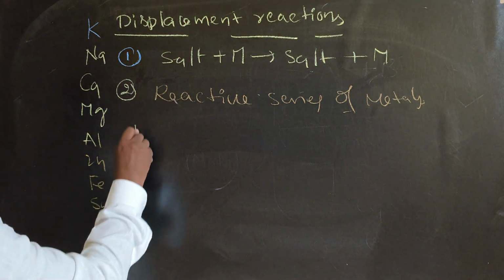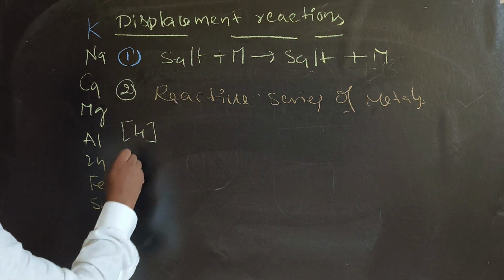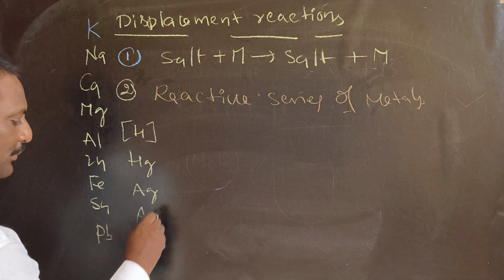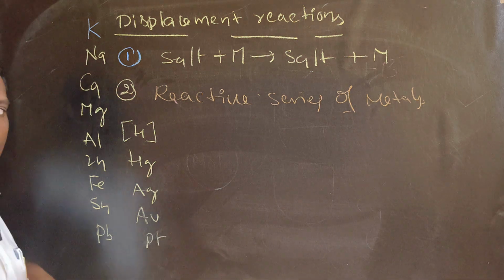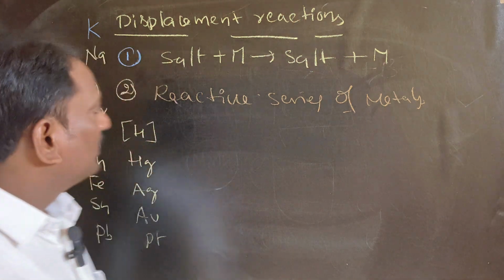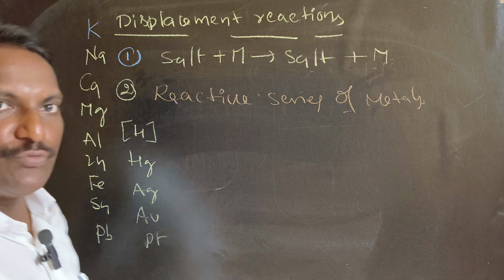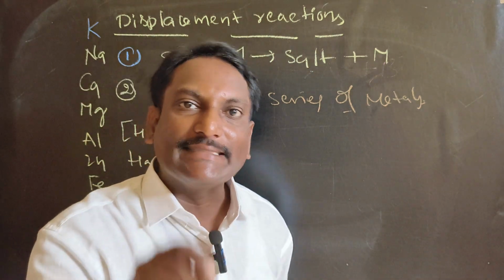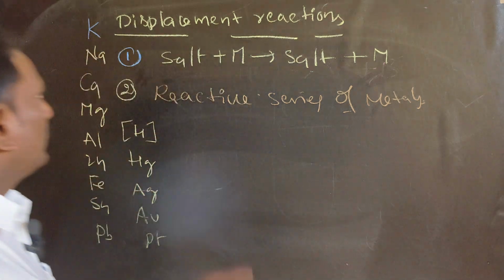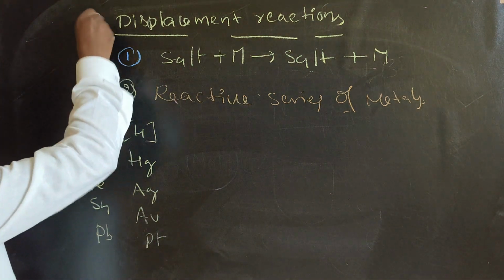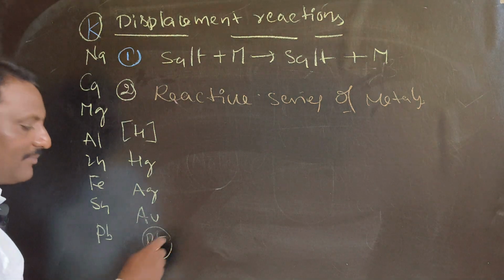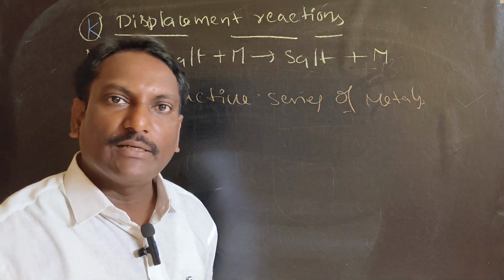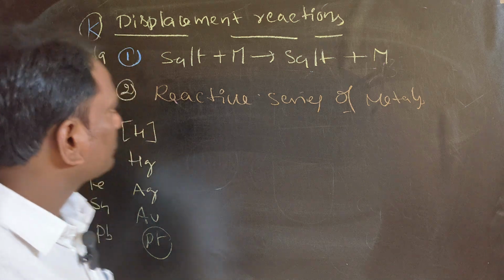Let me write here hydrogen, Hg, Ag, Au and Pt. So this is the reactive series of metals. Reactive series of metals means vertical column of metals arranged according to their decreasing order of reactivity. Here potassium is highly reactive metal, whereas platinum is least reactive metal. From top to bottom, reactivity of metals gradually decreases.